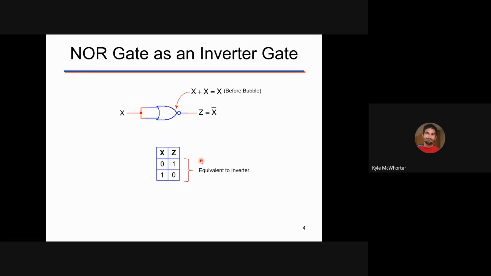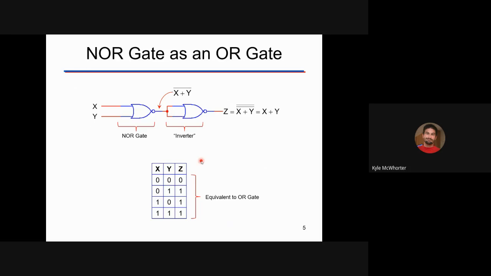Next, we're going to look at how to make an OR gate using 2 NOR gates. So basically, we're going to use a NOR gate and then an inverter, right? Since NOR is the opposite of OR, using an inverter after it will just make it OR. If you want to look at the signals, you have X and Y going into this NOR gate.